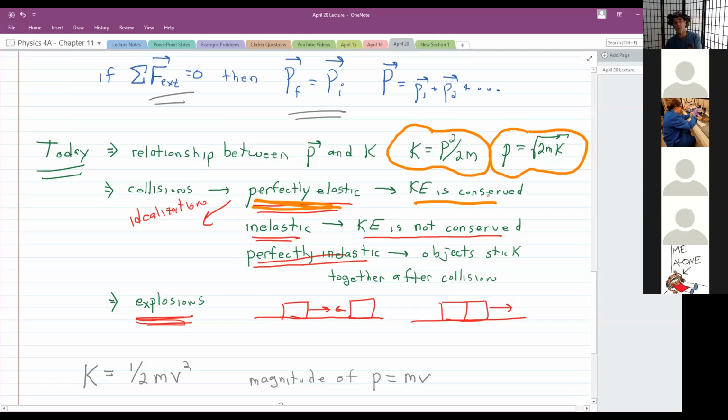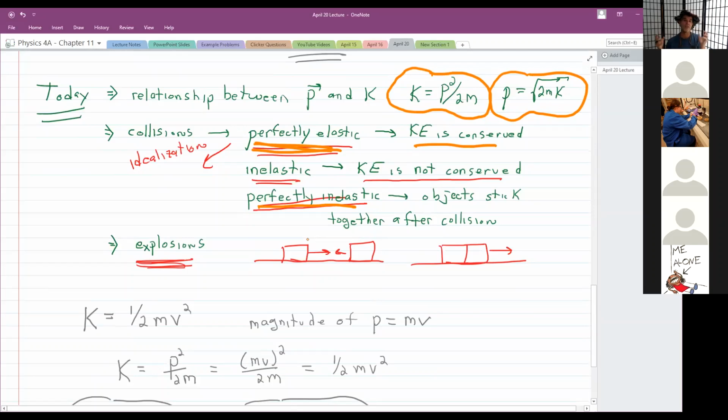Most real collisions are inelastic, which means some of the kinetic energy is converted into heat and sound. A perfectly inelastic collision is one in which the objects stick together after the collision. Even though energy is not conserved in a collision, momentum will still be conserved, which is why it's so powerful.